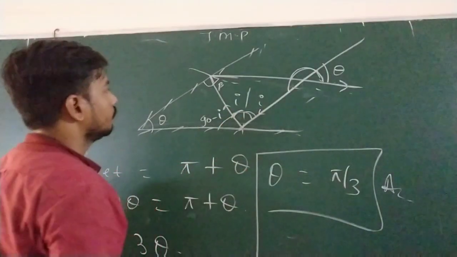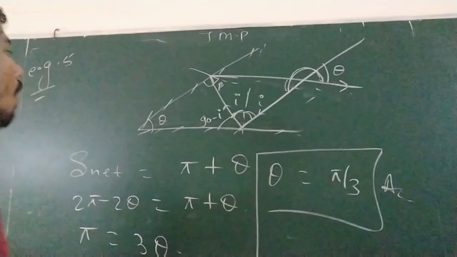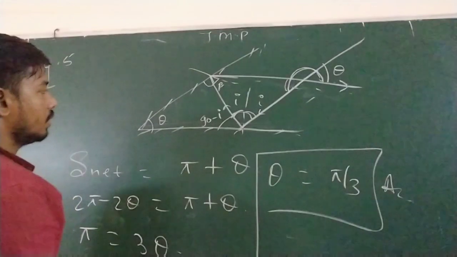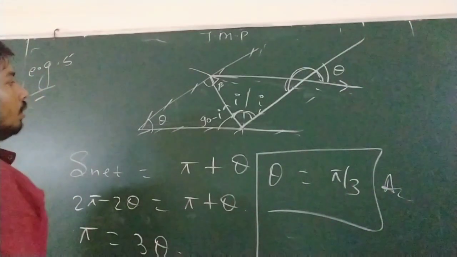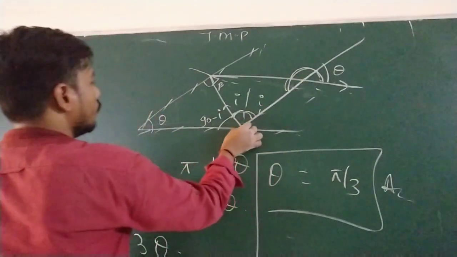Okay, second method we can handle here also. This angle is theta, so this is also theta. This ray is coming like this.